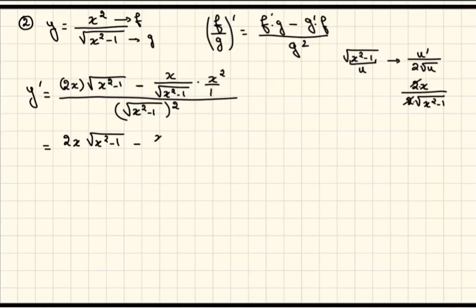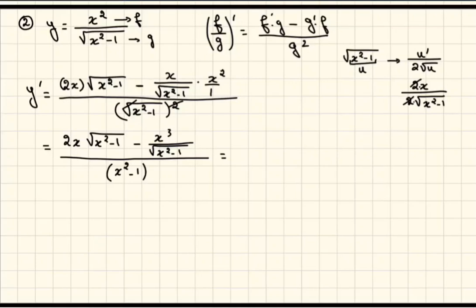Multiply, you get x cubed over radical x squared minus 1 over. Here you can simplify these, and we get x squared minus 1. You can keep it in parentheses or just x squared minus 1. That's totally fine.